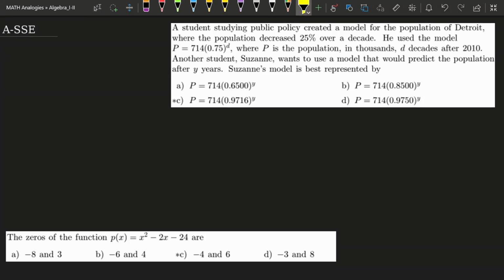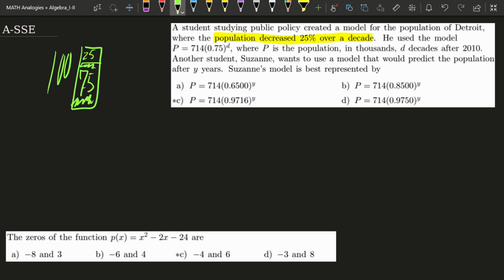So, a student studying public policy created a model for the population of Detroit where the population decreased by 25% over a decade. If something decreases by 25%, instead of having a full 100%, we would only have 25% less. So, out of 100%, we would know that 75 would be remaining.